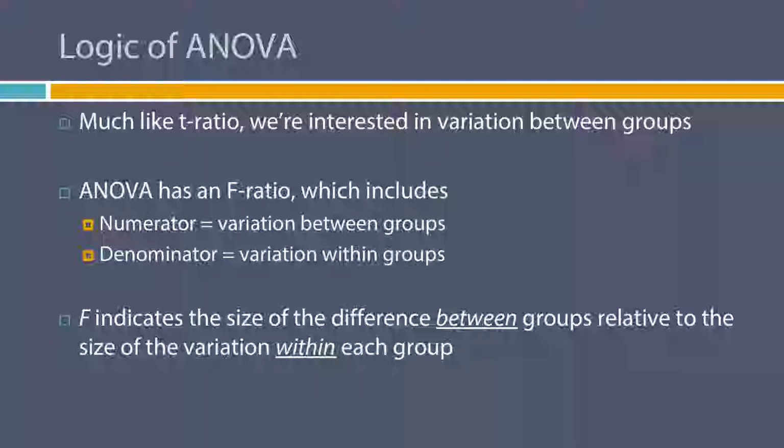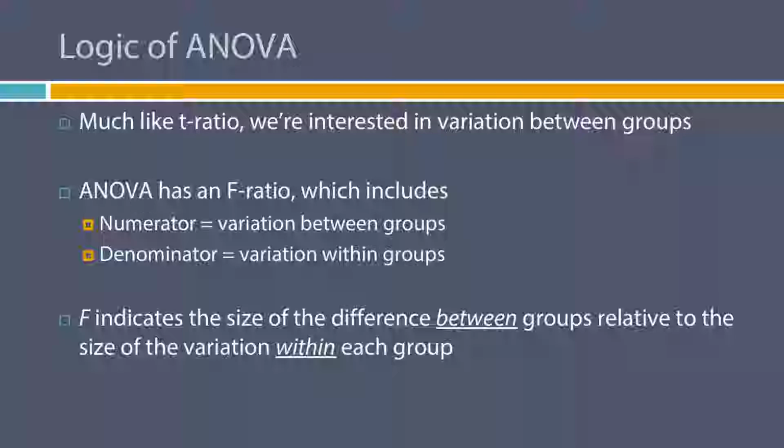So this F-ratio is what we end up with, and it indicates the size of the difference between groups relative to the size of the variation within groups. So if we have higher variation between groups than we do within groups, that means the numerator is going to be higher than the denominator, right?